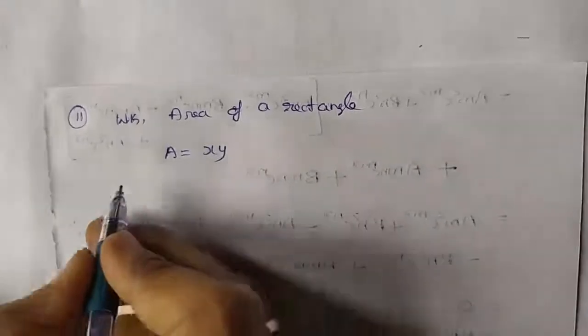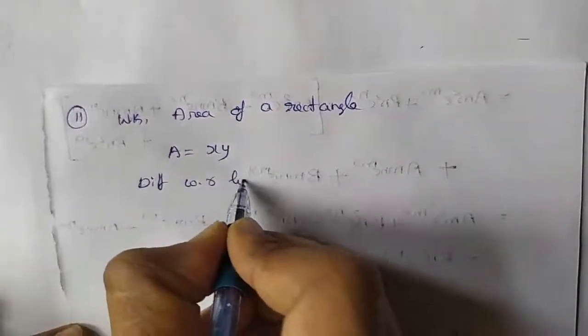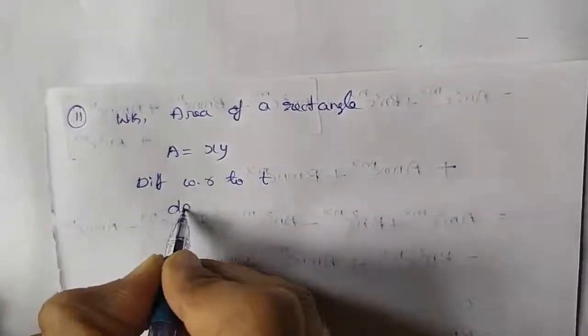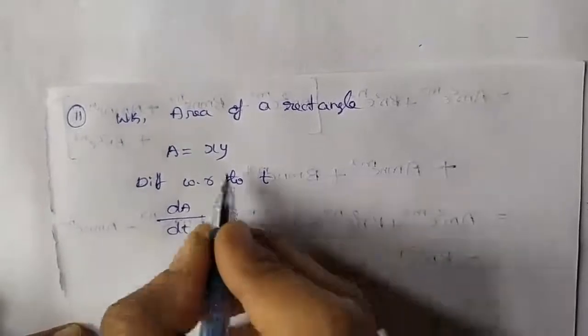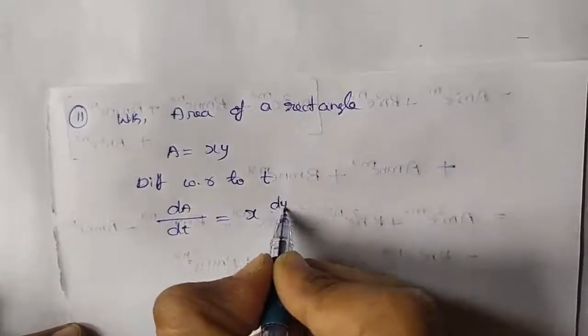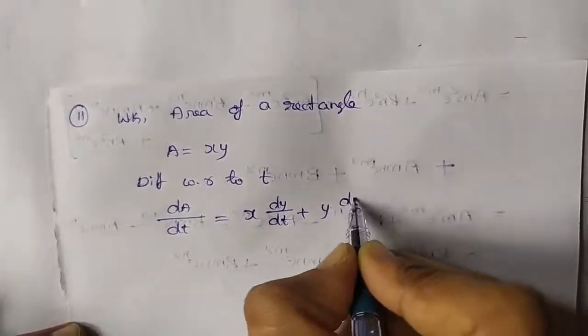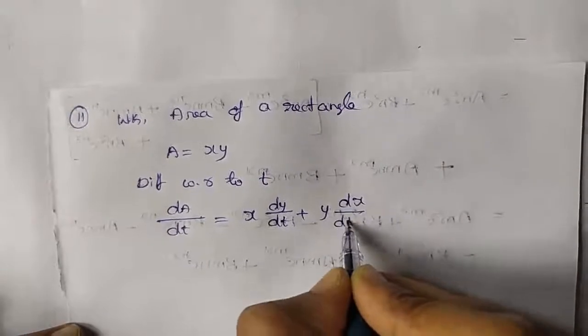Now differentiate with respect to t. Then dA by dt equals, product rule: first keep it as it is, differentiate the second one, dy by dt, plus second keep it as it is, differentiate first one, dx by dt.